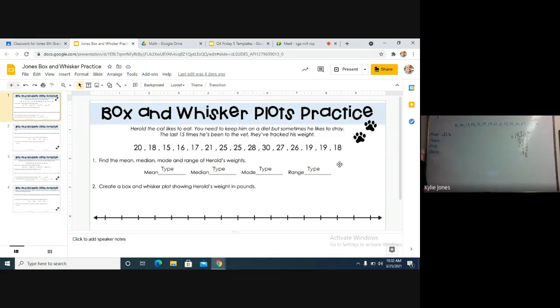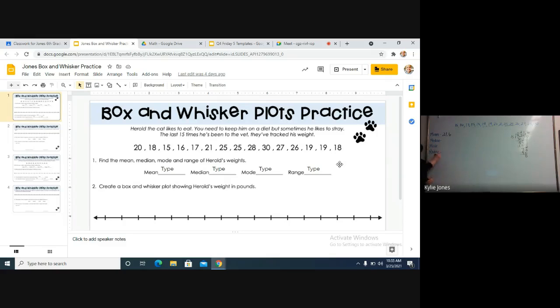So what's the mode here? Which one happens the most? I see 18 twice, 19 twice, 25 twice. That's 3 numbers that happen the same. So there's 2 ways that people say that we could do this. Some people say that there is no mode because there's not a number that happens the most.